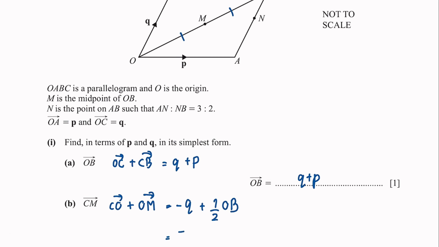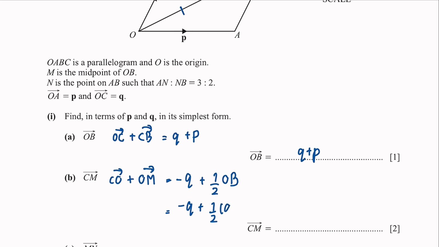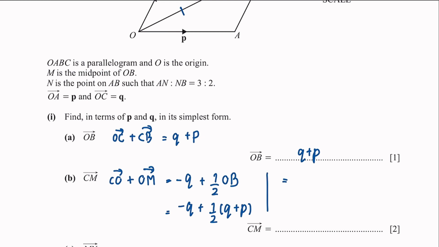And then this is equal to minus Q plus 1 over 2 of OB, which is Q plus P. And you will get minus Q plus P over 2.